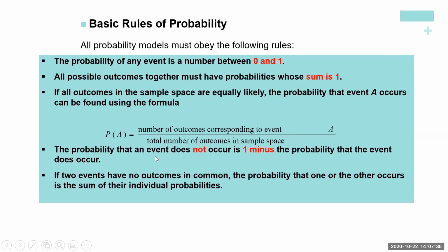The probability that an event does not occur is 1 minus the probability of the event occurring. Again, that's the definition of complement. And if two events have no outcomes in common, the probability that one or the other occurs is the sum of their individual probabilities.